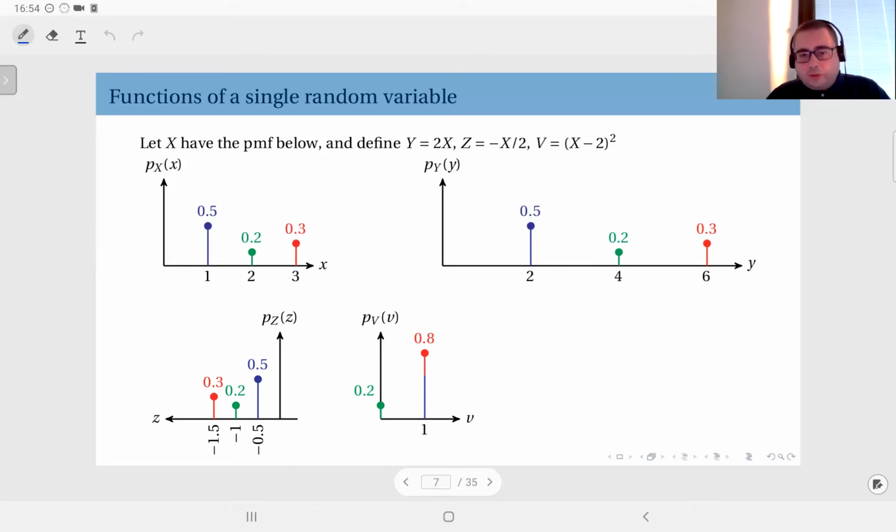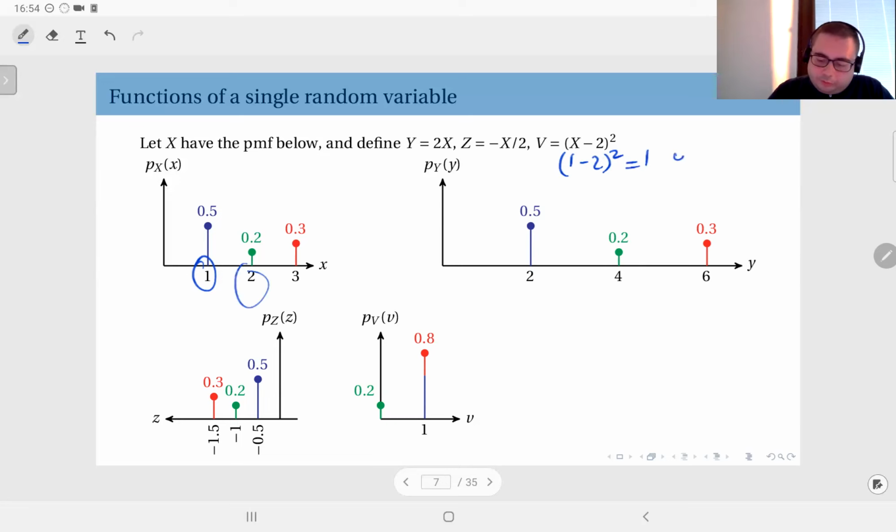V equals (x minus 2) squared. Now, in this case, again, what we do doesn't change. We just look at the three outcomes and determine what outcomes of V those correspond to. So for instance, when x equals 1, put 1 here, (1 minus 2) squared gives me 1.